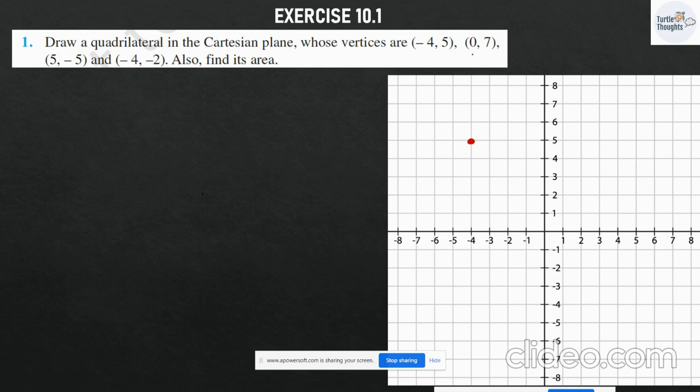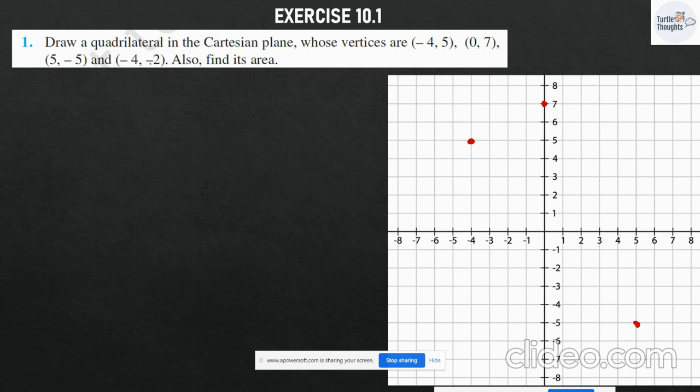Similarly, 0, 7. 0 on the x-axis, 7 on the y-axis. So this is another point. 5, minus 5. So 5 on the x-axis, minus 5 on the y-axis. So this is one more point. The last point is minus 4, minus 2.